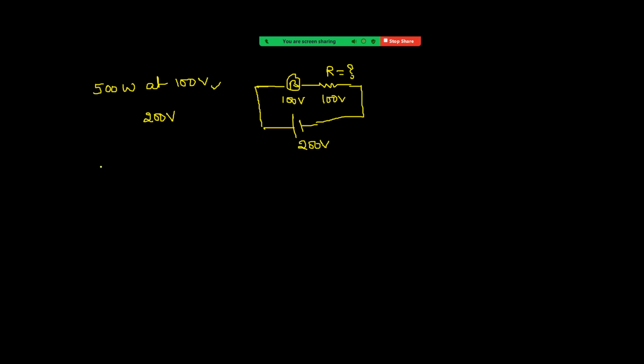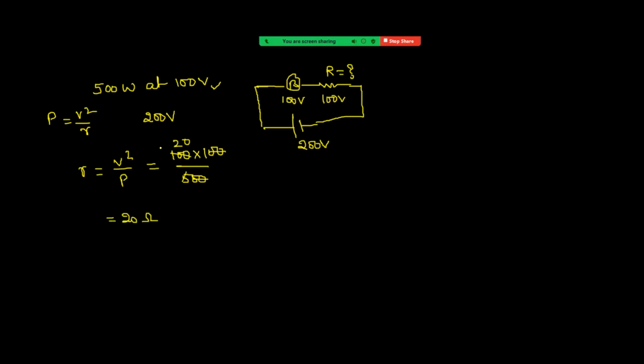And the resistance of the bulb is given by R equal to, we know that P equal to V square by R. So R equal to V square by P. So V value is 100 whole square, and P is given 500. So two zeros cancel and this is 20 times. That means R value is 20 ohm.